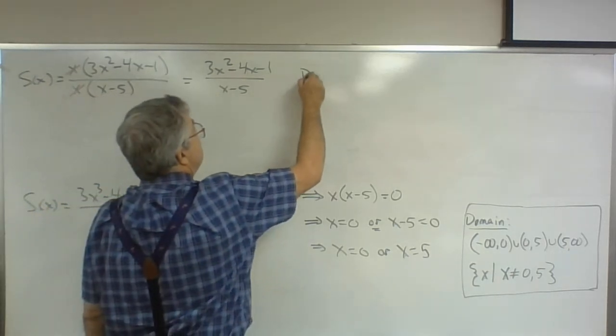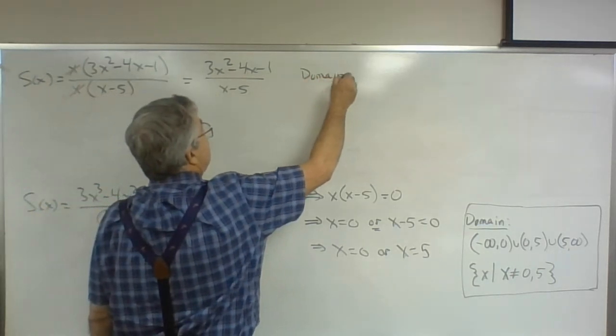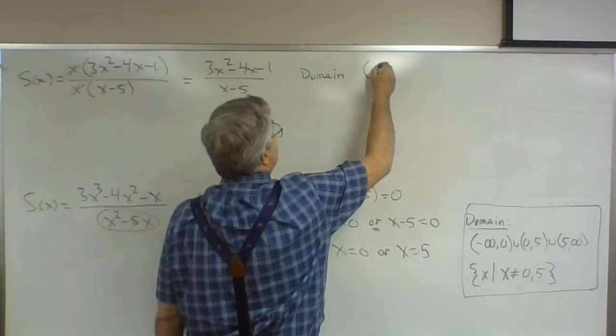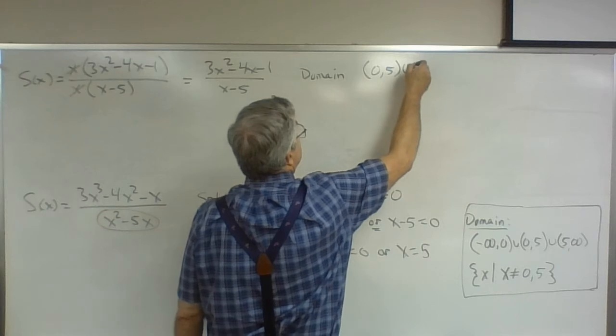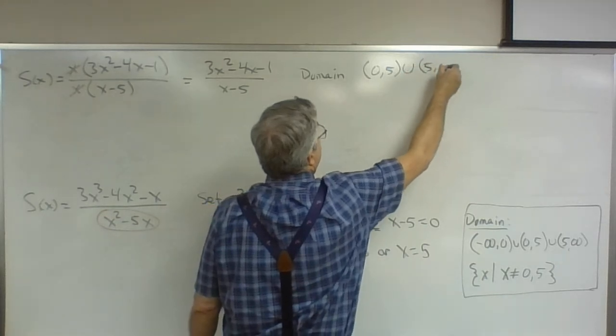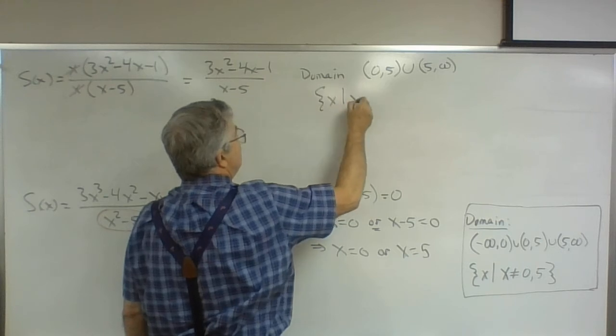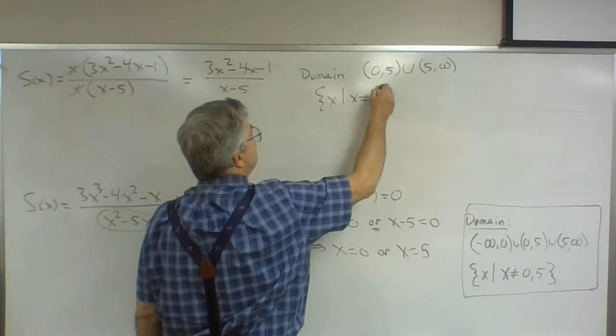But we already found out that the domain of this thing is the set of all real numbers x such that x is not equal to 5.